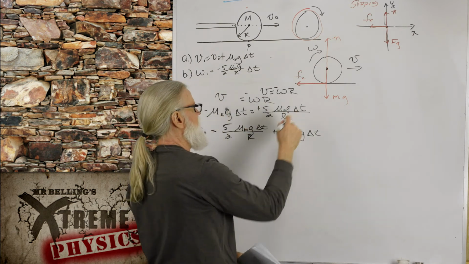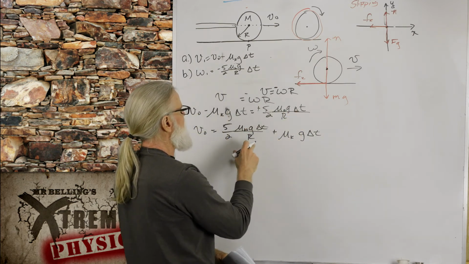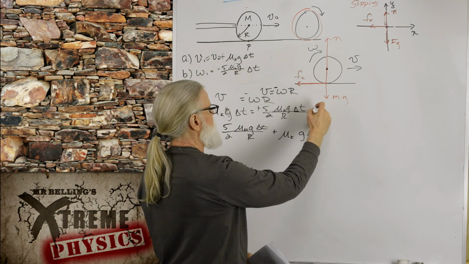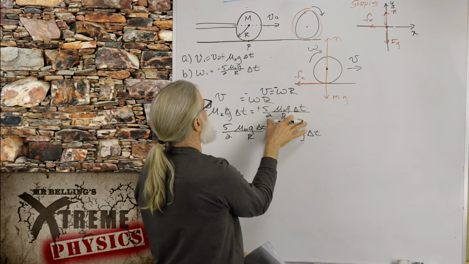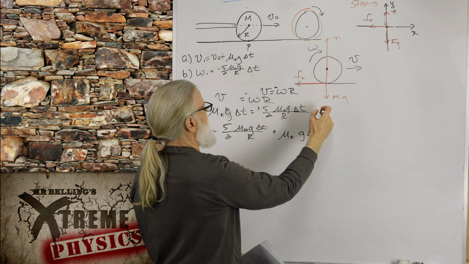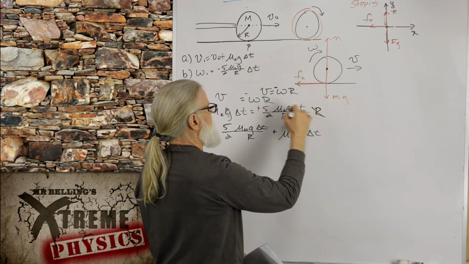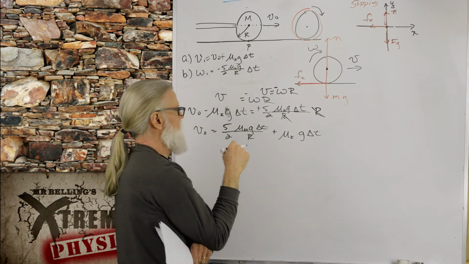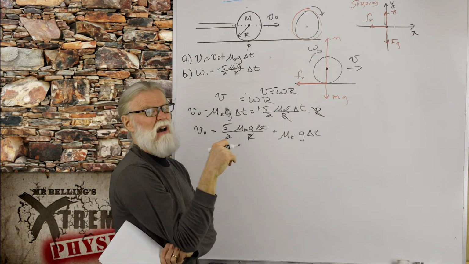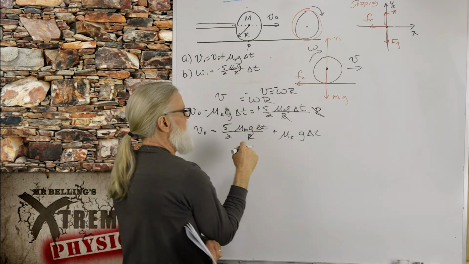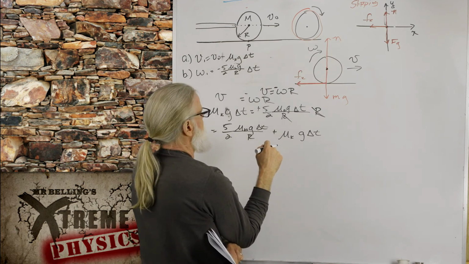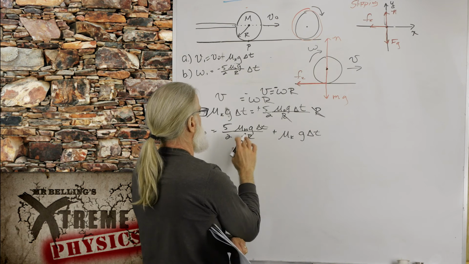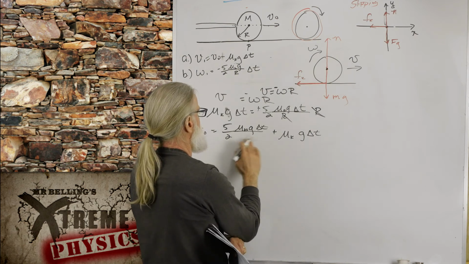I forgot my R. Oh, yep. Okay, so this is omega R, right? So here's omega, and then I can multiply that by R. So that goes away. So there we go. I would have caught that with my units. So anyways, the R goes away.